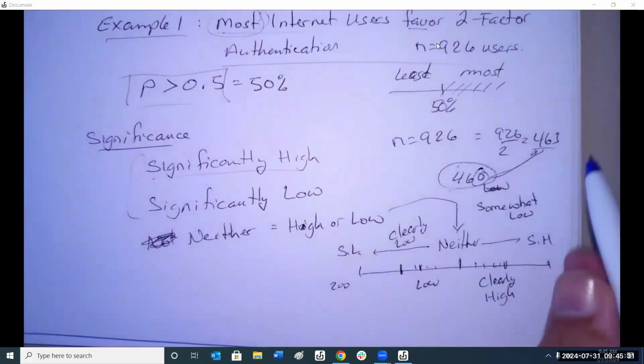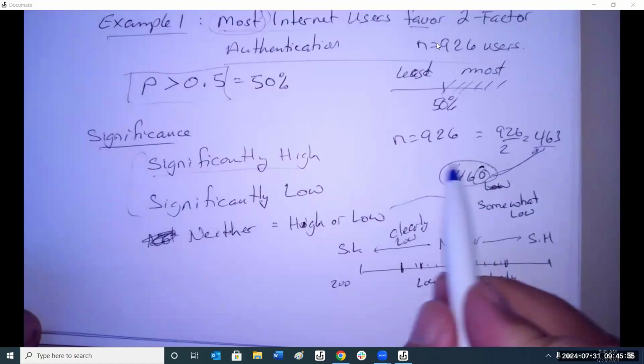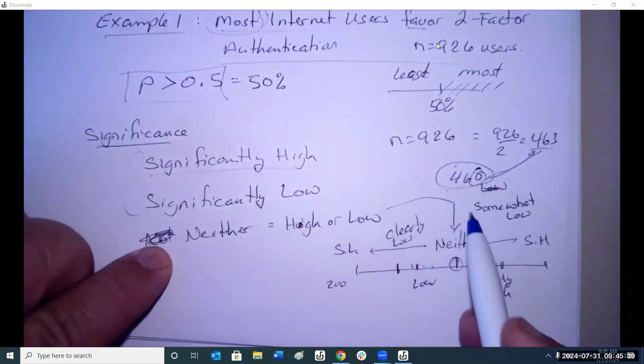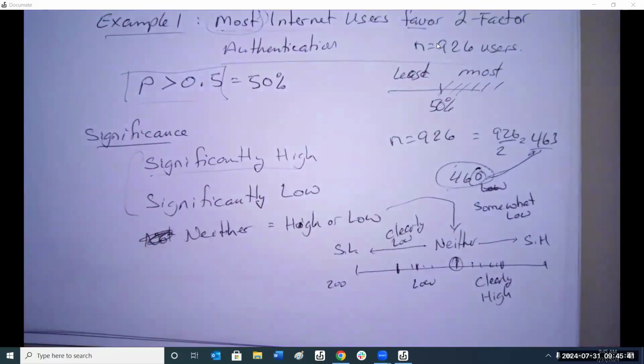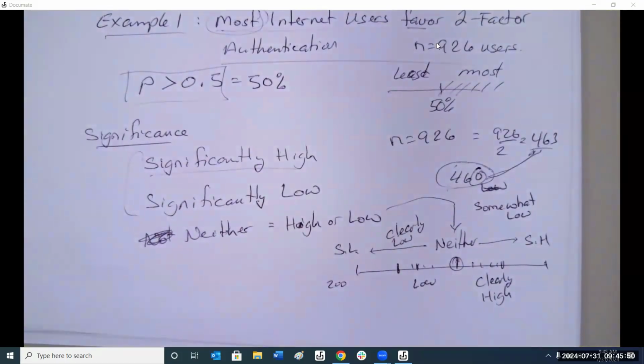Because if you say neither high nor low, then you're looking at, yeah, it's very close to it. So if you said neither high nor low or somewhat low, I mean, that is talking about the same thing. So yeah, now you see why statistics is very, very difficult. Really, the difficult part is the human intervention part of it.